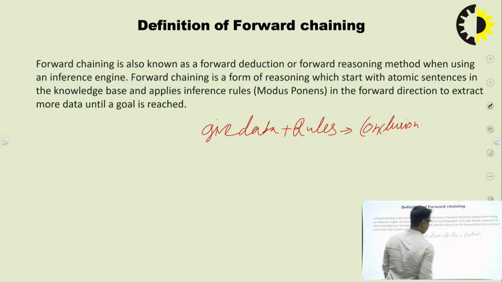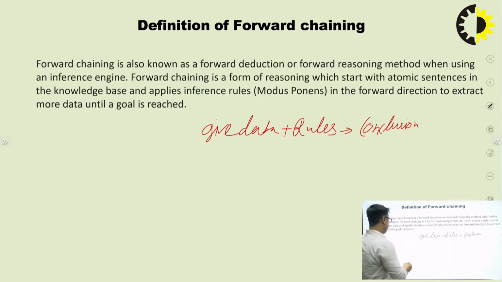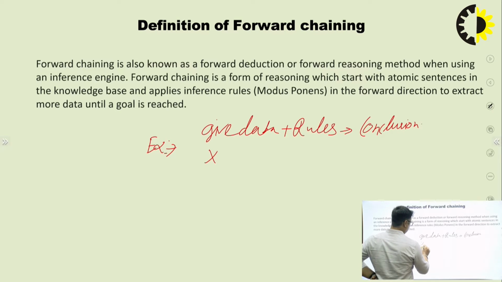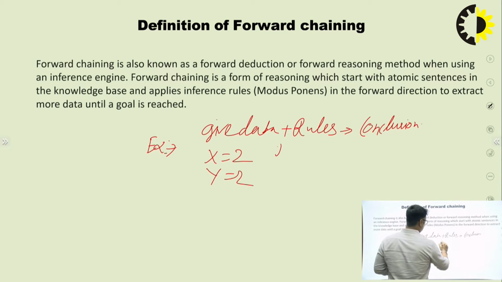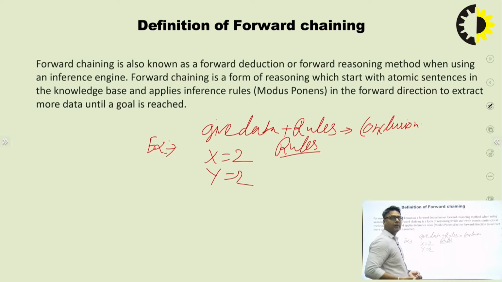So I have taken here one simple example related to forward chaining. Suppose the given data is x is equal to 2 and y is equal to 2. It is the data part. Then add some rules, that means some conditions.